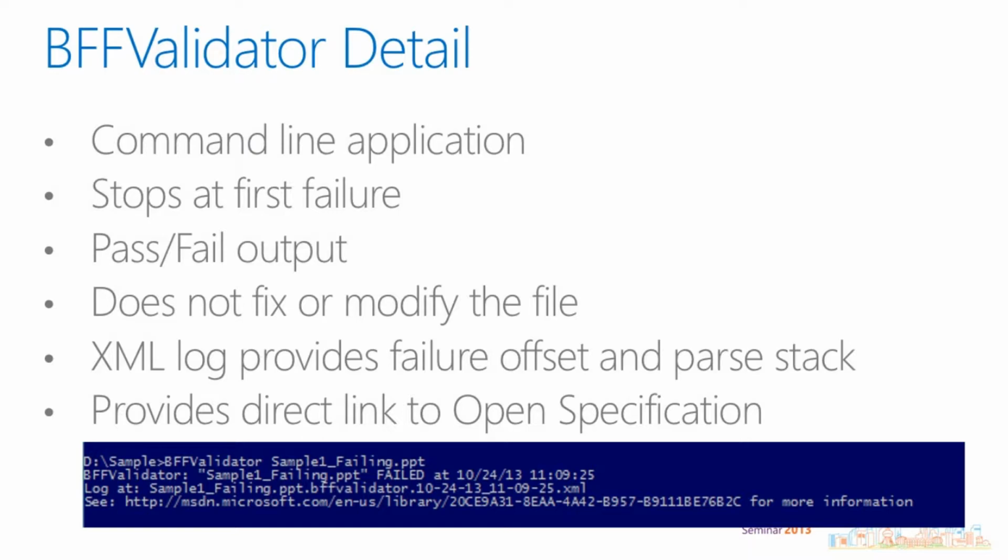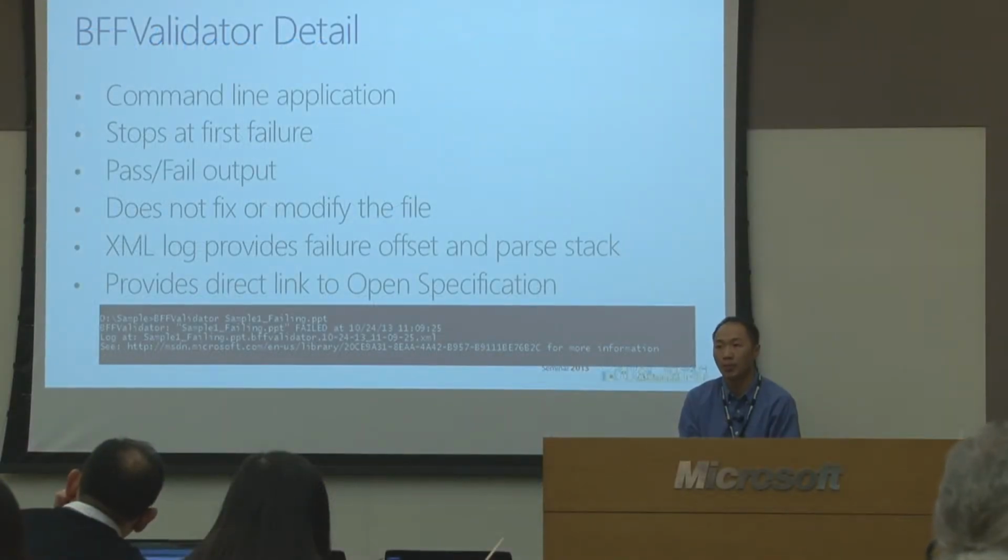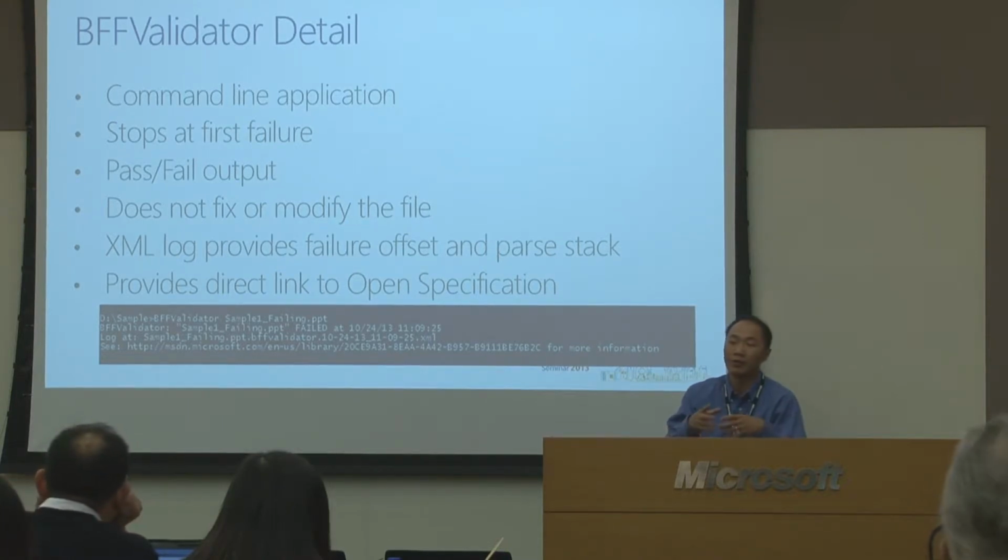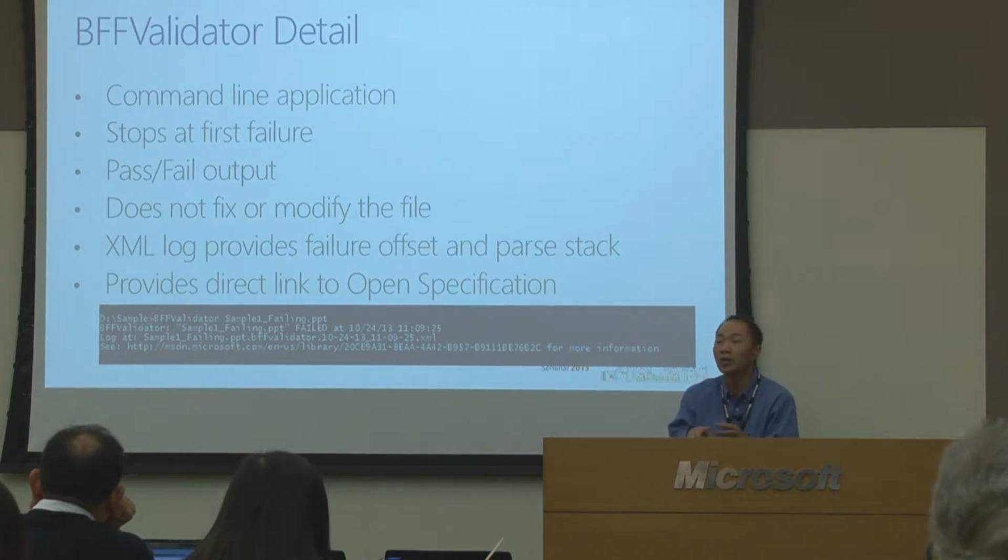In other words, you may have to run the tool multiple times to completely check your document. If you find an error, you have to fix it and try again, until the tool completely checks the document and reports a success or pass.